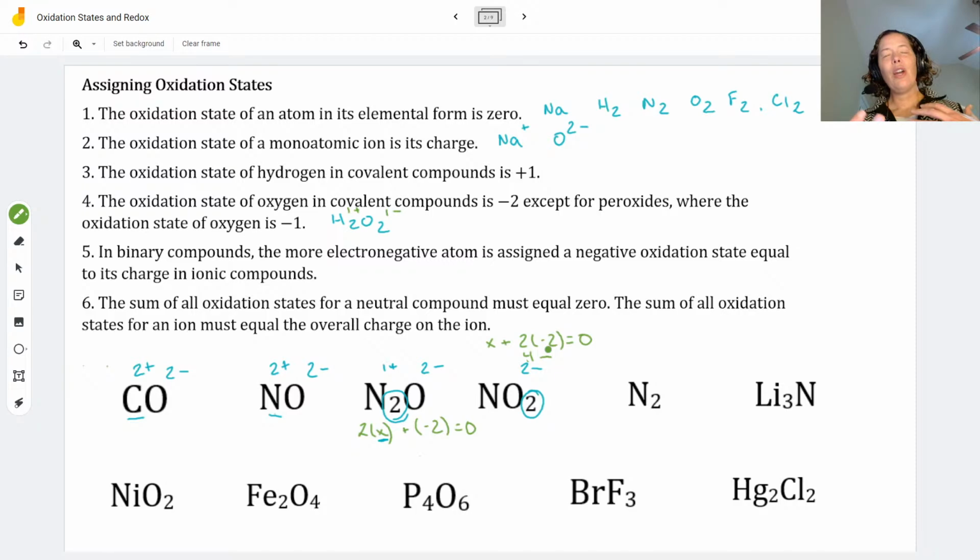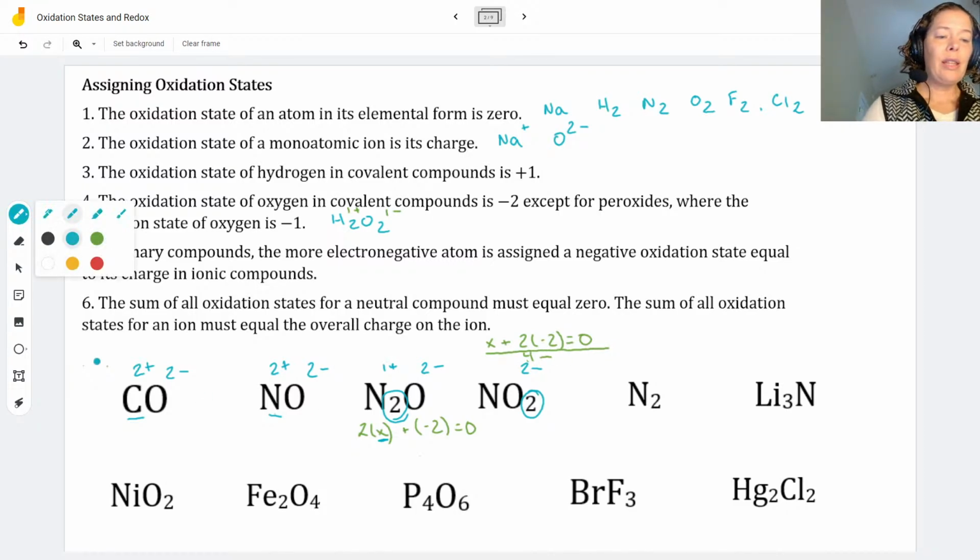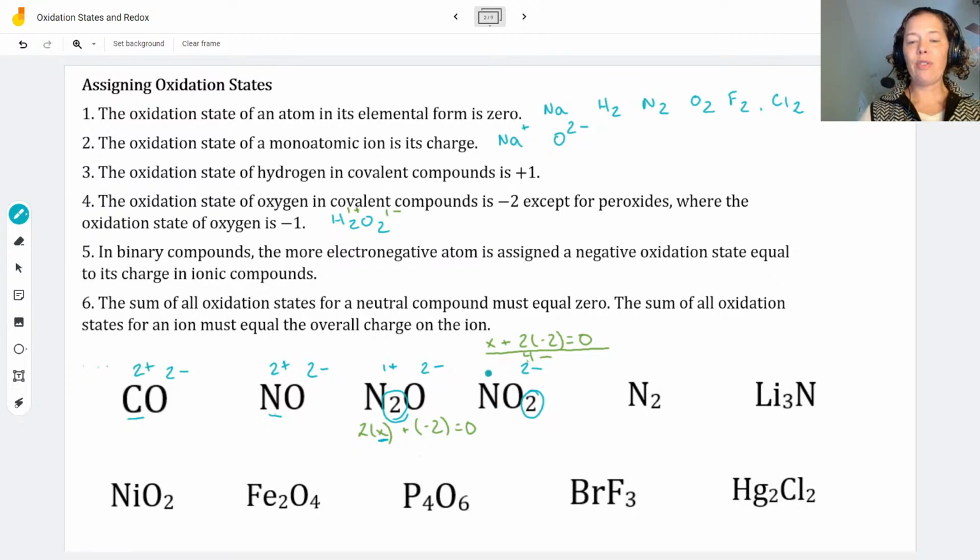You'll find you have your own style of how to organize these, and that's totally fine. Just find a way that works for you, that you can keep track of what's going on. So that means in this case, to make my algebraic expression true, the oxidation state on nitrogen must be +4.